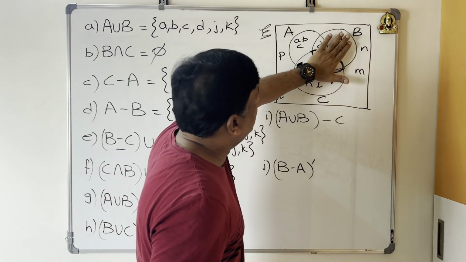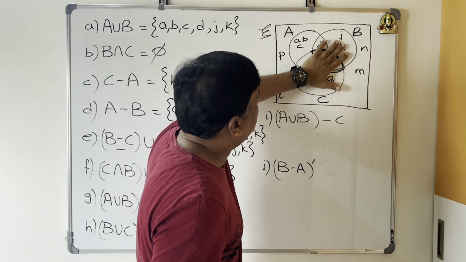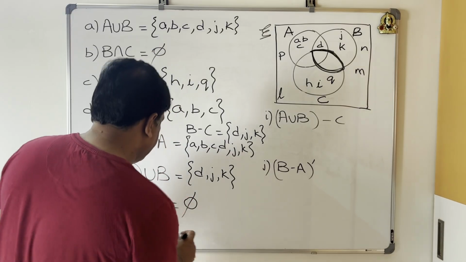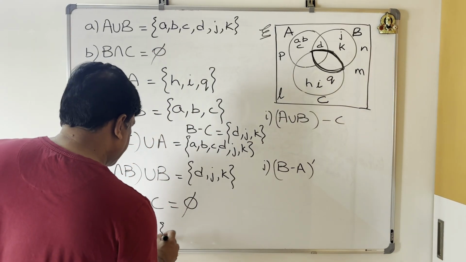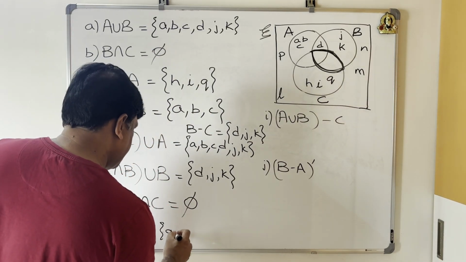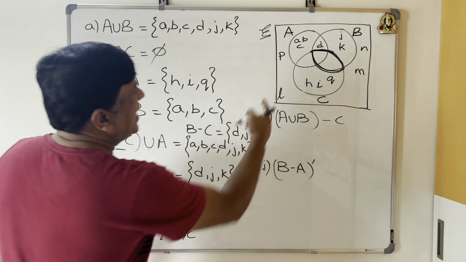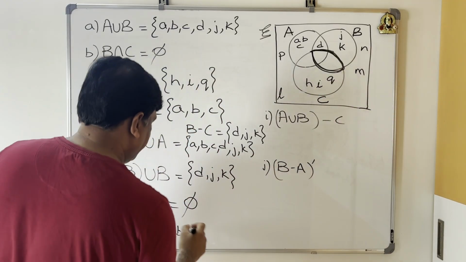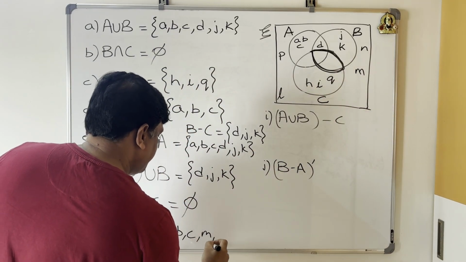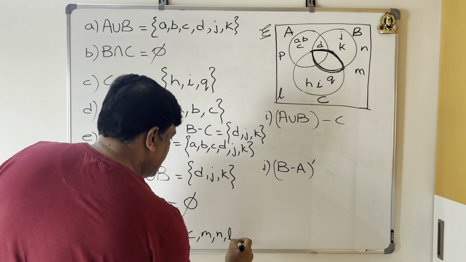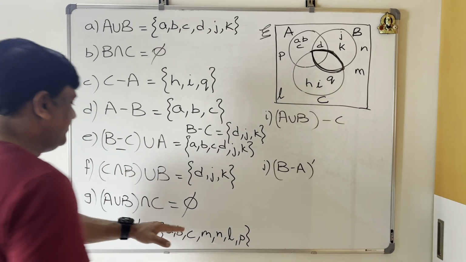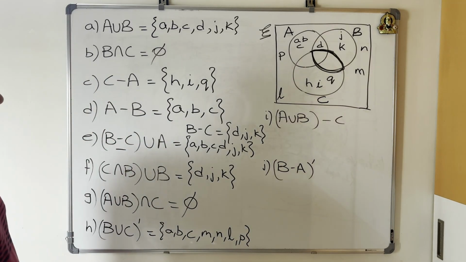So I am going to remove B union C completely and include all the elements which are left. So it will be A, B, C and the elements in the universe. That is M, N, L and P. That is what it is. Look at it. Makes sense?